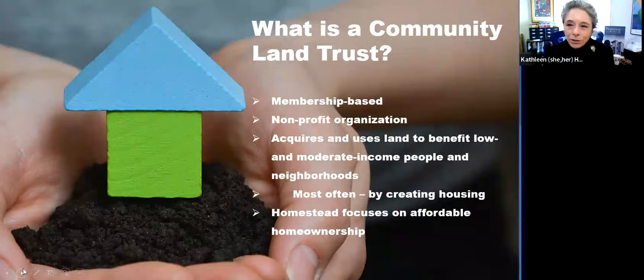It is a membership-based nonprofit organization that acquires and uses land specifically to benefit low and moderate income people and neighborhoods. Most often it's used for creating housing, but at Homestead, it can be used for a variety of things: agricultural land, urban agriculture, cultural spaces. But Homestead focuses on affordable home ownership, and I'll tell you a little bit more about why that's the case in a few minutes.